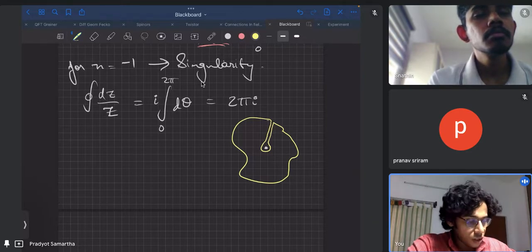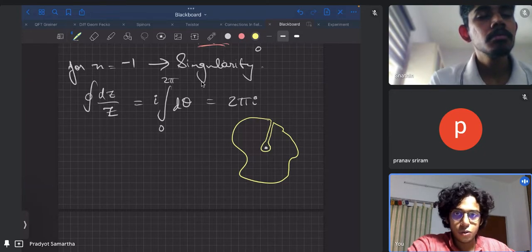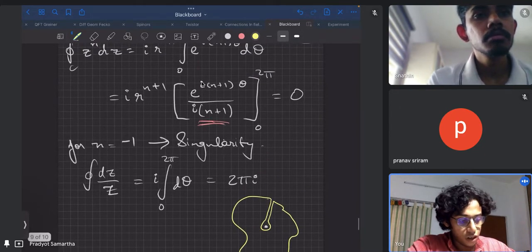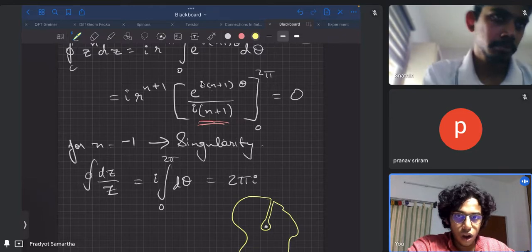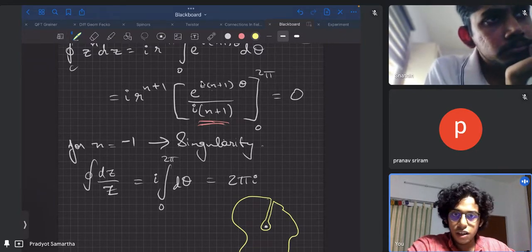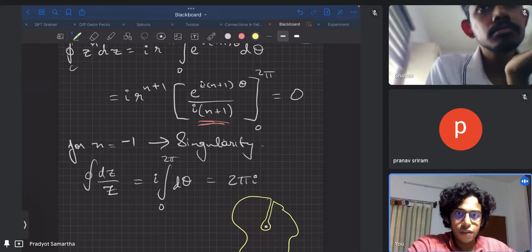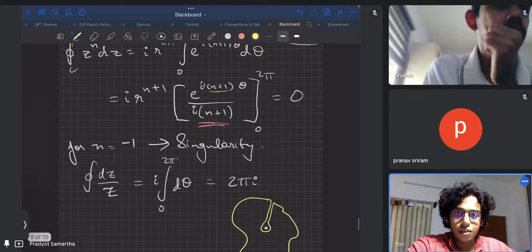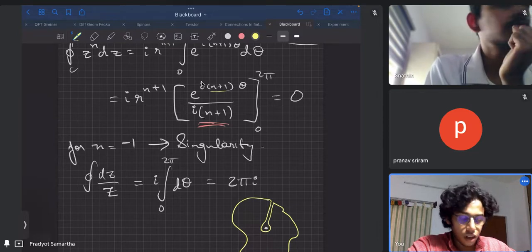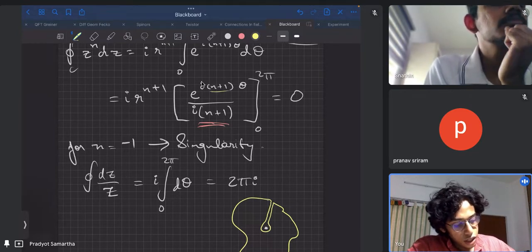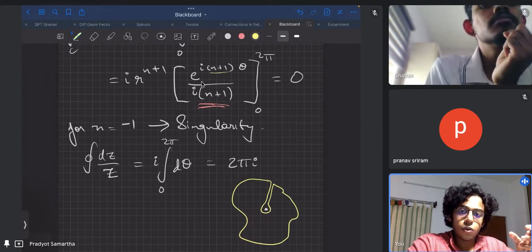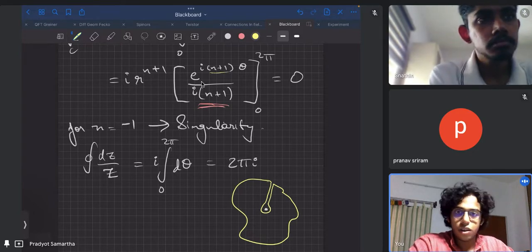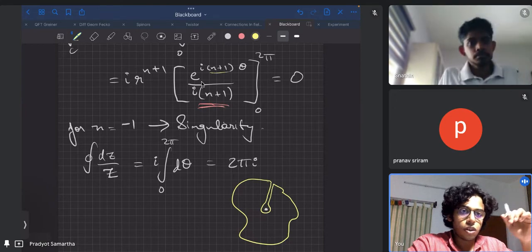So how do we do this? This particular integral has a singularity at n equal to minus 1. If you just substitute n equal to minus 1, you get e to the power of i·0·θ, so that is 1. So you just have a singularity here and you can't really evaluate it directly. What you do is say this is equal to 1, and then you just integrate dθ from 0 to 2π.